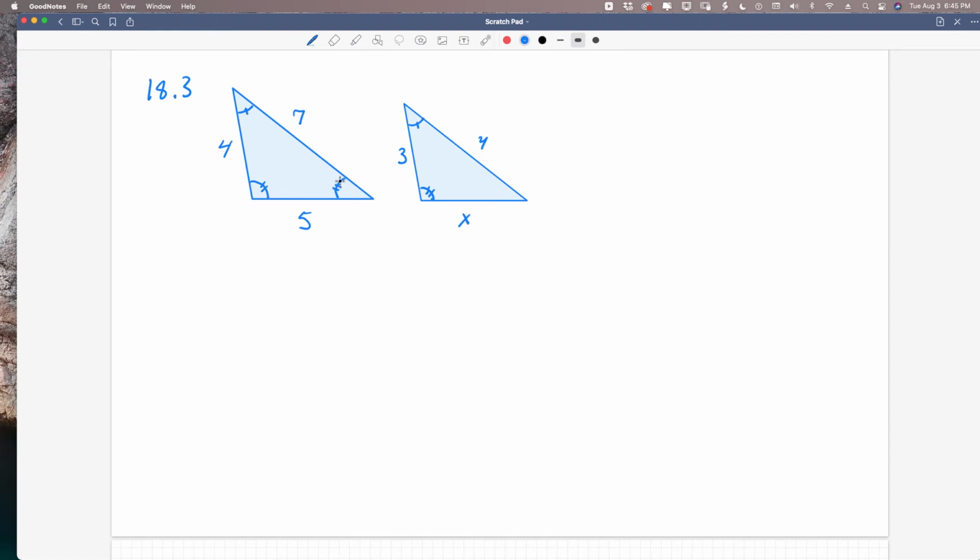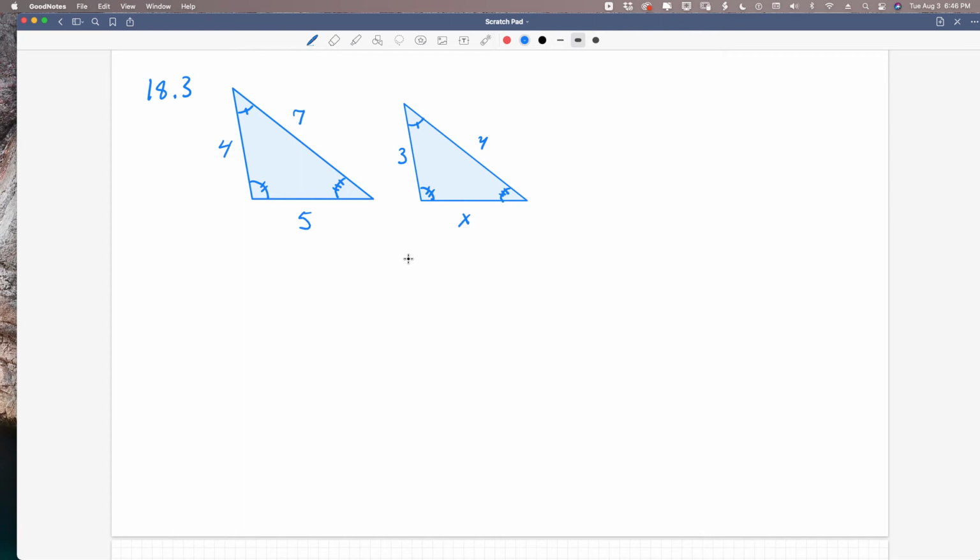That indicates what it's congruent to. These three angles are identical, which means that the scale factors between the two will determine the lengths of the other sides. They have a corresponding relationship.